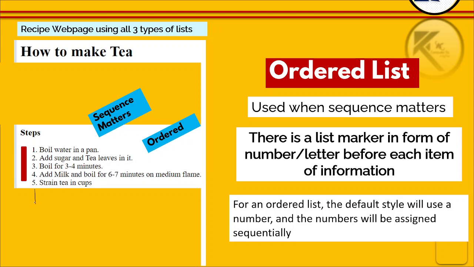And here the list marker is by default a decimal number which starts from 1 and then keeps incrementing as we keep adding steps. So there is a number or letter in front of each item of the information, and the default style is number, and that number is assigned sequentially. We generally use this type of list whenever sequence becomes important.